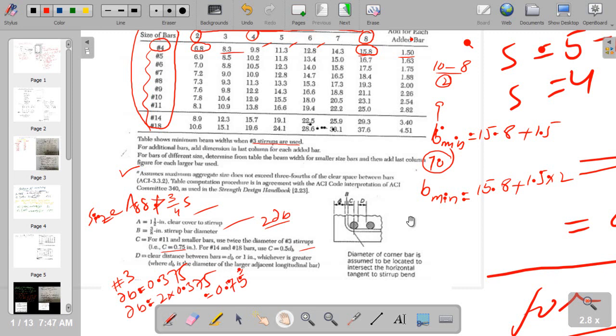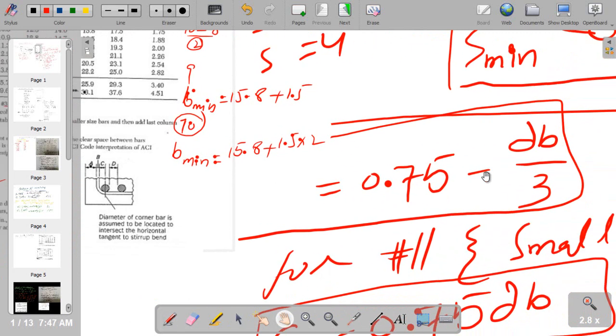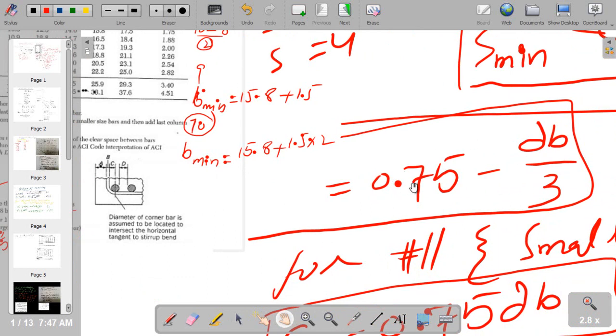0.75 inches. R can be determined by using this equation, that is (0.75 minus diameter of the bar) divided by 3. C will be equal to 2 times the diameter of the bar of the stirrup, right?